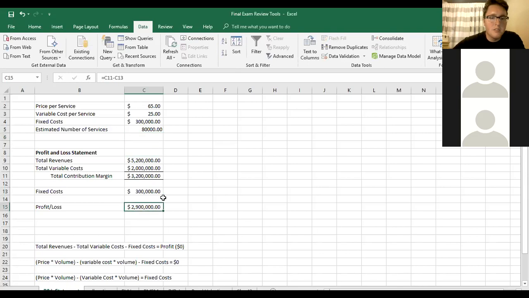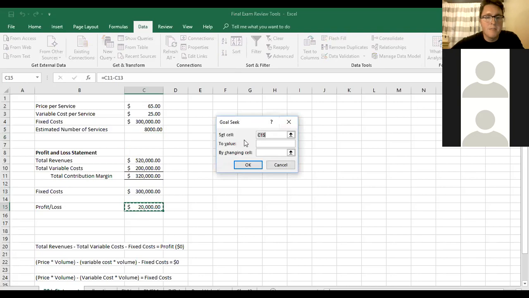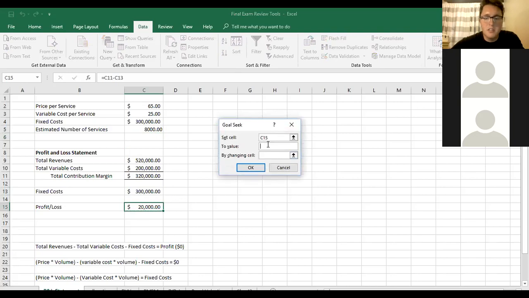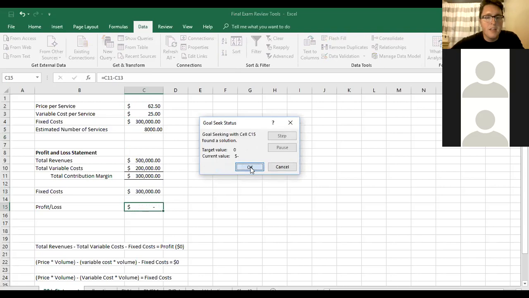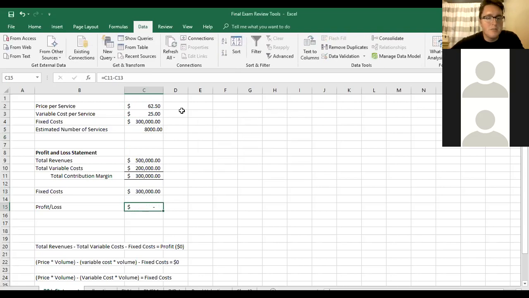I want to know then what price do I need to set. So I want to set this cell to 0 by changing my price per service. Okay. So I need to charge $62.50 if I'm given 8,000 services in order to have a 0.